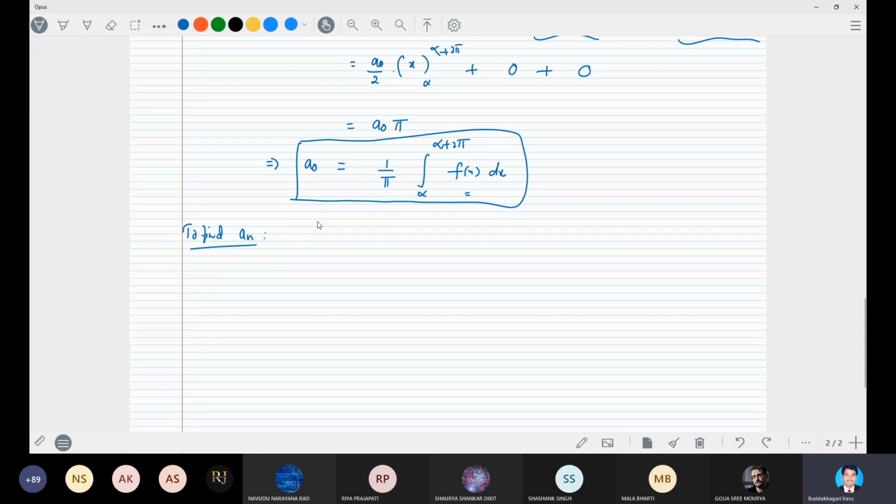To find an, in the same way, integrate equation 1 after multiplying cos nx on both sides with respect to x from alpha to alpha plus 2 pi.